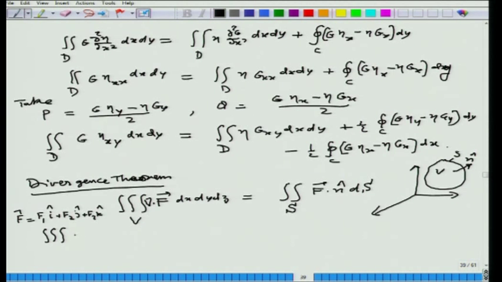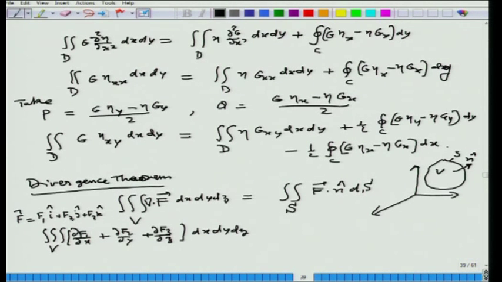So, then we get del F 1 over del x plus del F 2 over del y plus del F 3 over del z, that is the divergence of F, because the del operator is del x i plus del y j plus del z k. So, the dot product gives you this dx dy dz.